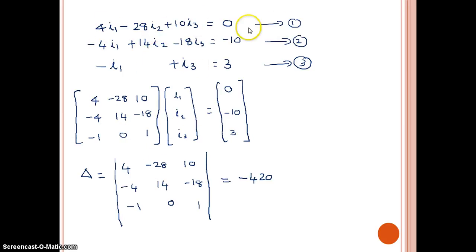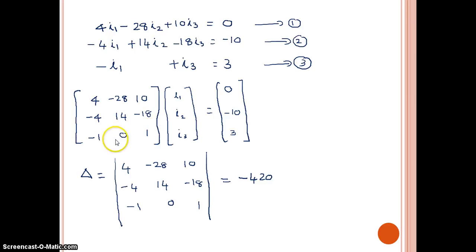All the 3 equations I have rewritten here. 4, minus 28 and 10 are the coefficients of I1, I2 and I3 of equation number 1. For equation number 2, the coefficients of I1, I2 and I3 are minus 4, 14 and minus 18. Equation 3 is I3 minus I1 is 3, so the coefficient of I1 is minus 1, I2 is 0 and I3 is 1.